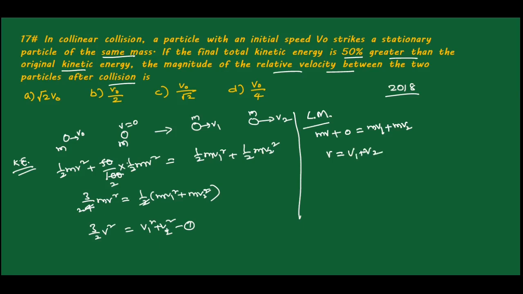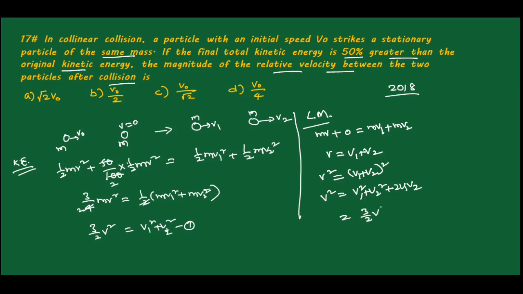Now squaring on both sides, v square is equal to v1 plus v2 whole square. Expanding this, v1 square plus v2 square plus 2v1 v2 equals v square. We already know v1 square plus v2 square is 3 by 2 v square from equation 1.